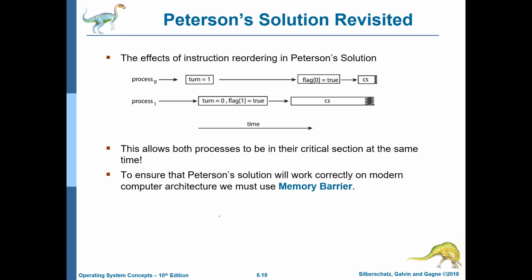So what you should do, or rather I would say must do, is that between these instructions, let's say after you set flag i equal to true, you insert an instruction called a memory barrier, and then you set turn equal to j. What the memory barrier does is ensure that, regardless of the architecture, the hardware and the compiler will not reorder these instructions.